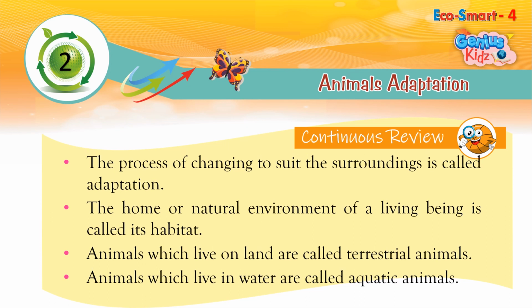Continuous review. The process of changing to suit the surroundings is called adaptation. The home or natural environment of a living being is called its habitat. Animals which live on land are called terrestrial animals. Animals which live in water are called aquatic animals.